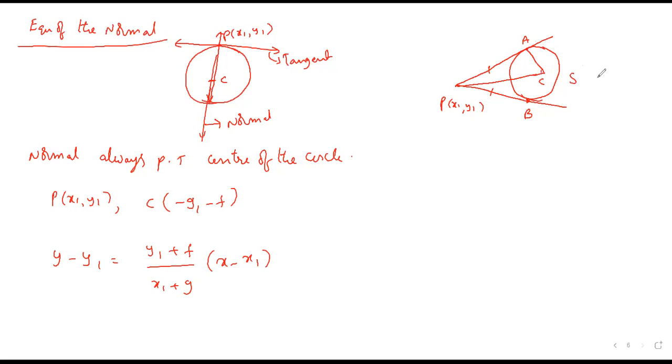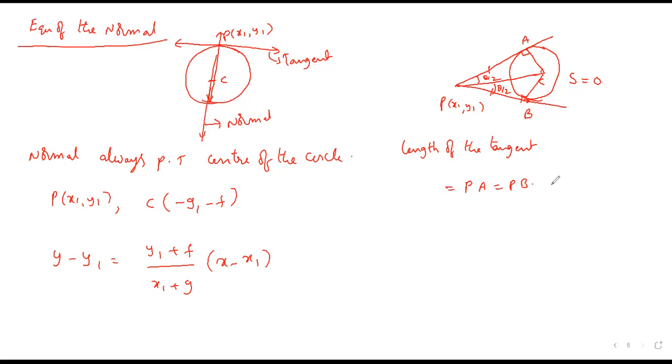Suppose the given circle is S equal to 0 with the center C, and we know this angle is 90 degrees. So these two triangles are congruent triangles. If you take the angle between the tangents as theta, then this is theta by 2 and this is also theta by 2. Now the length of the tangent is nothing but PA, or PB, both are equal.